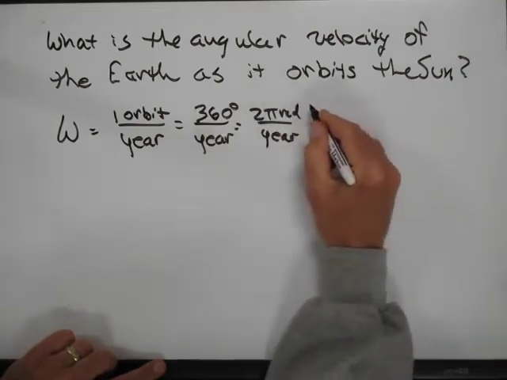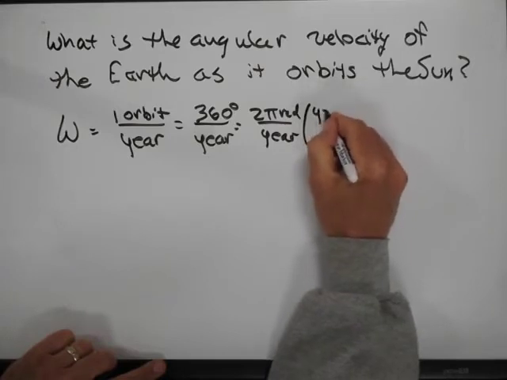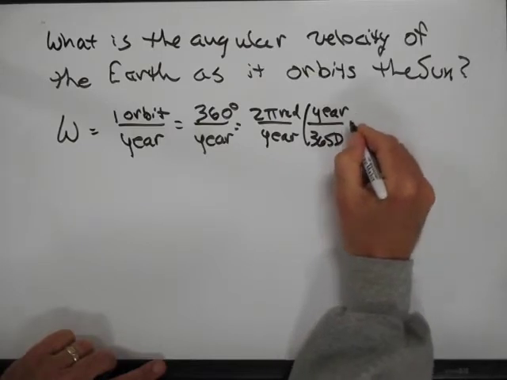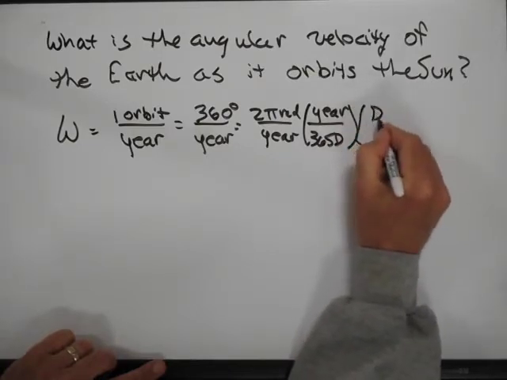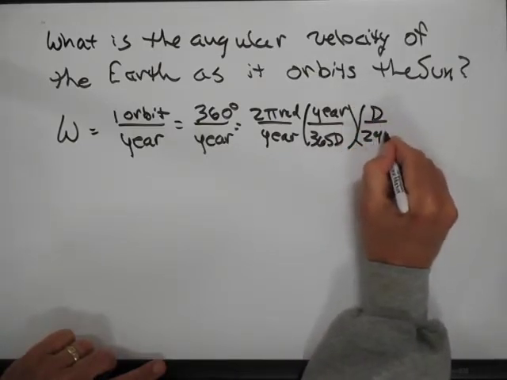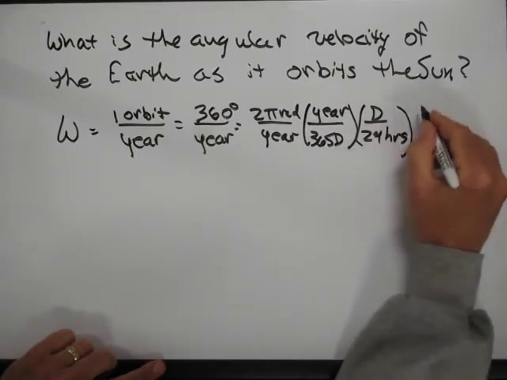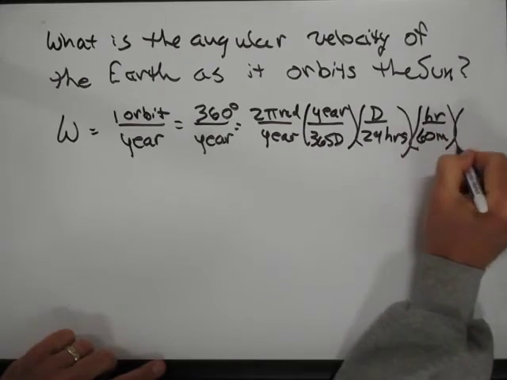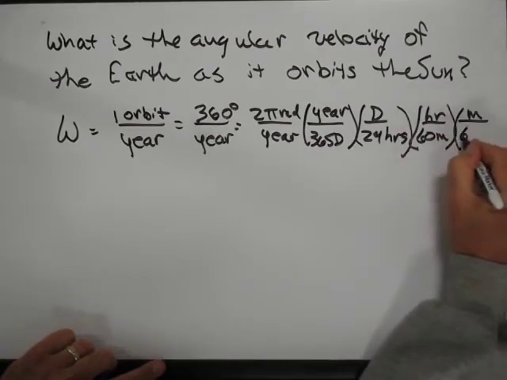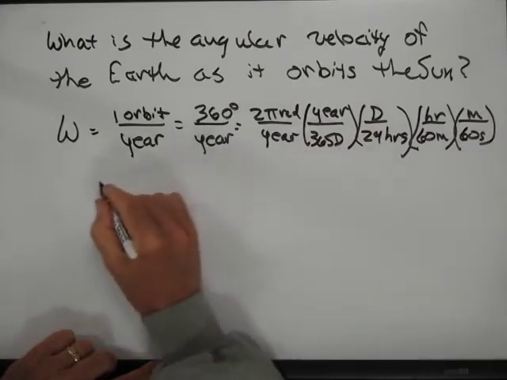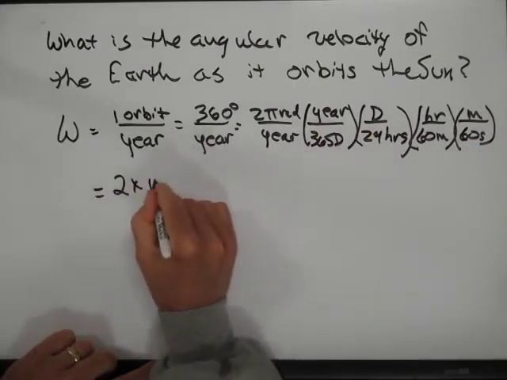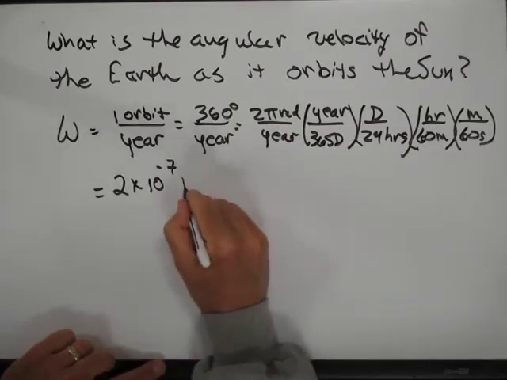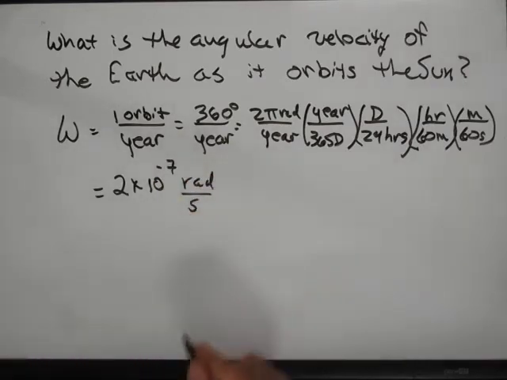And again, if we want to convert this into radians per second, we would multiply it by a year over 365 days times a day over 24 hours times an hour over 60 minutes times a minute over 60 seconds, and I would get 2 times 10 to the minus 7, roughly, radians per second.